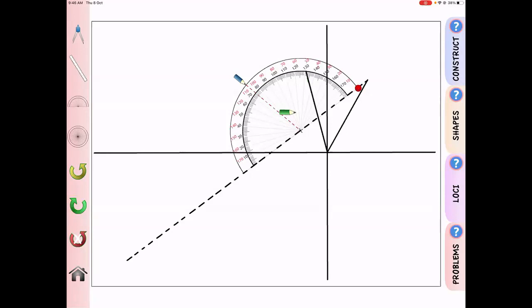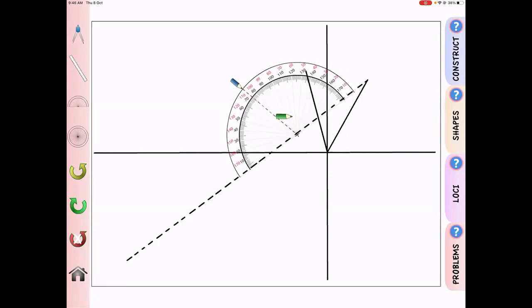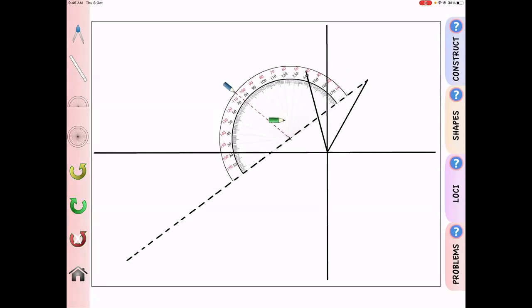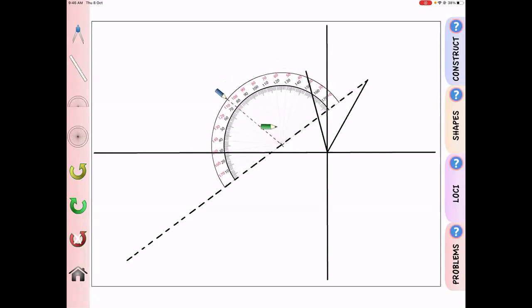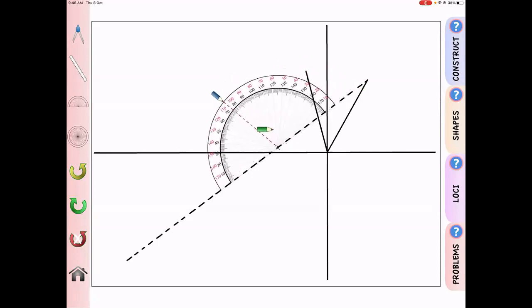Otherwise, the problem is straightforward. So let me just try to move and make sure that the protector remains parallel to the line, okay? Here it's a little bit difficult for me to match, but I will try to match somehow.